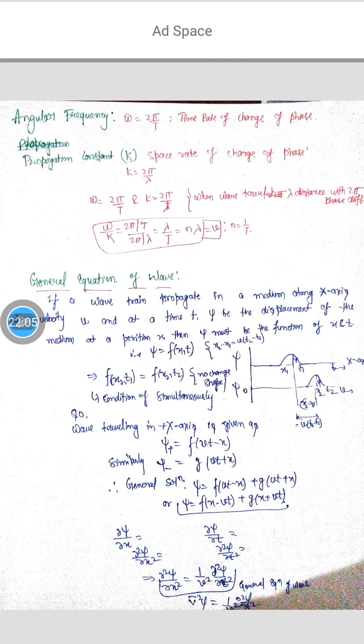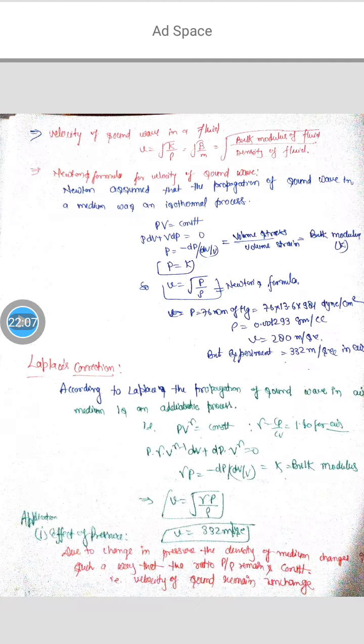Okay, let's see the velocity of sound wave. We have studied the longitudinal wave. There is a very beautiful fight between two geniuses of physics: one is Newton, the second is Laplace.